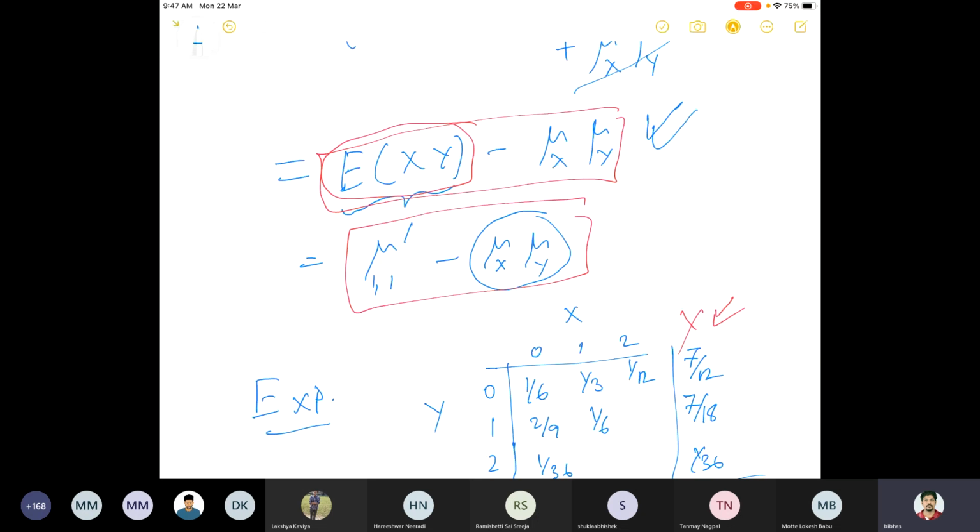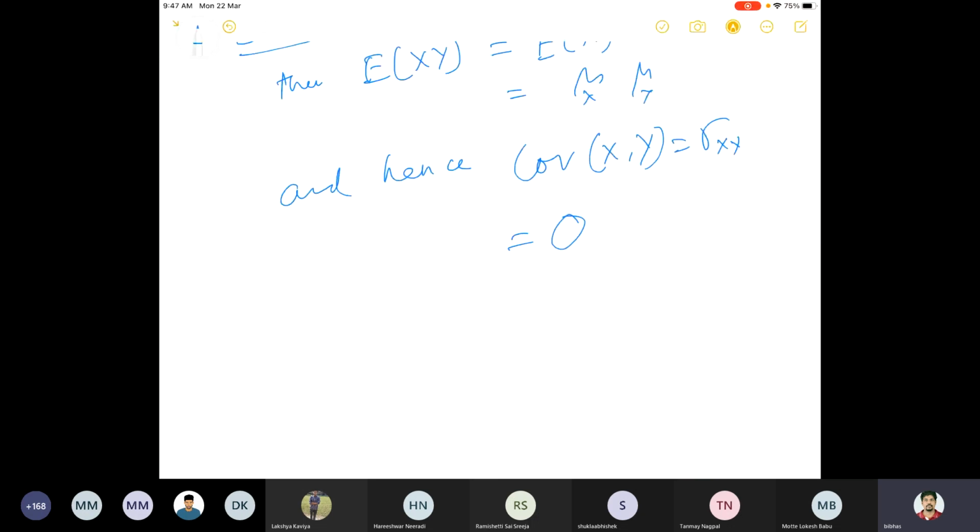However, the converse need not be true. That means covariance 0 does not necessarily mean that the random variables are independent. I'll not give you the proof maybe, but the proof is very, very simple. You just write down the definition.